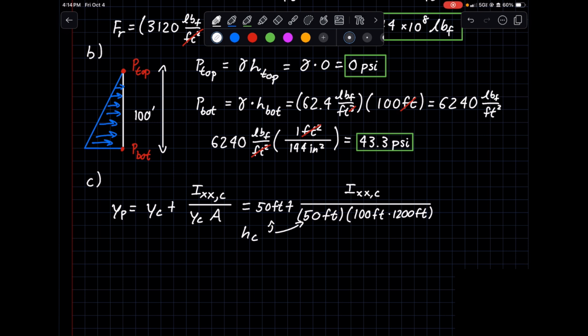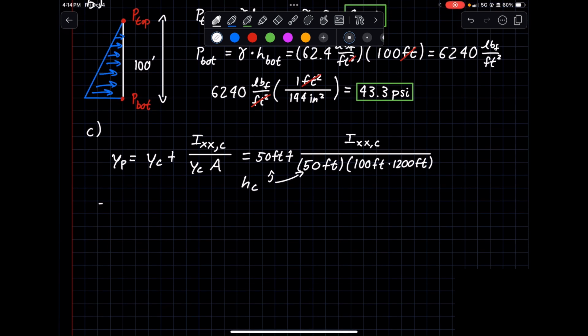We were given some for triangles, some for circles or rectangles. In this case, we're just going to be using rectangles, which I do have with me. But the equation for the moment of inertia about the centroid is your length times your height cubed over 12.